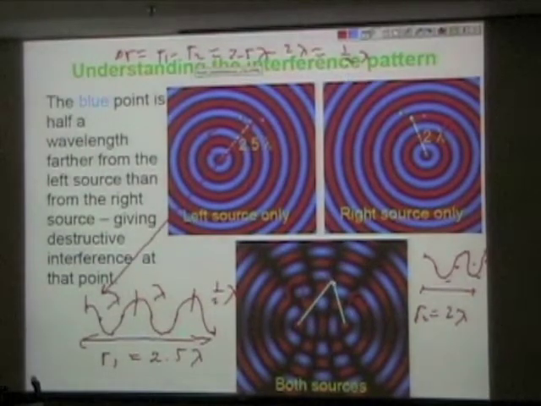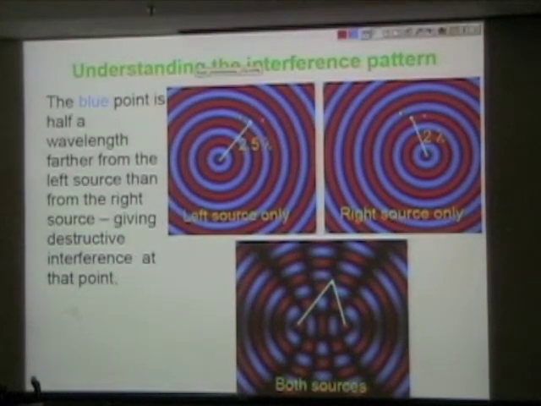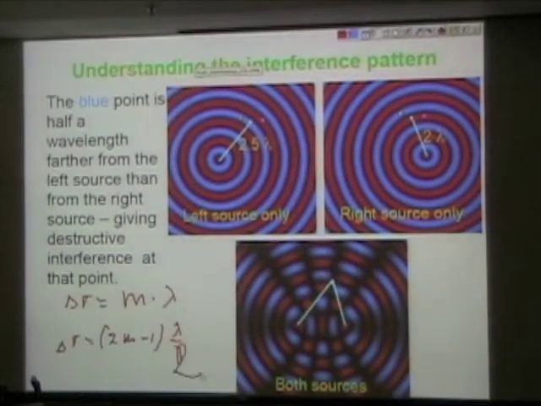So here at this point, what condition is fulfilled for the maximum or for the minimum? For the minimum, right? Because for maximum, the path length difference should be equal to some natural number of lambda, and for the minimum, it should be something like that, an odd number of halves, odd number of 0.5 lambda.